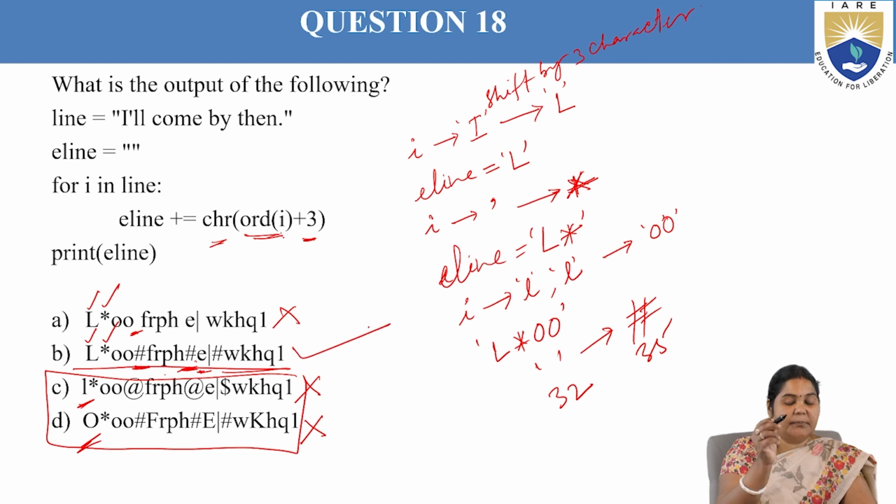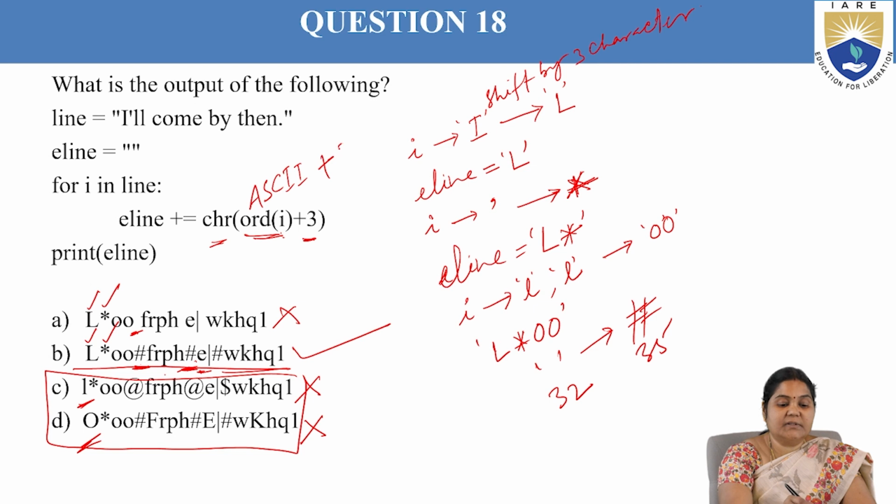So the answer is B. If you analyze character by character, you convert each character into an ASCII value, that ASCII value is incremented by 3, and whatever ASCII value you get is converted back into a character. You add it to the new empty string, that is E line, one by one.